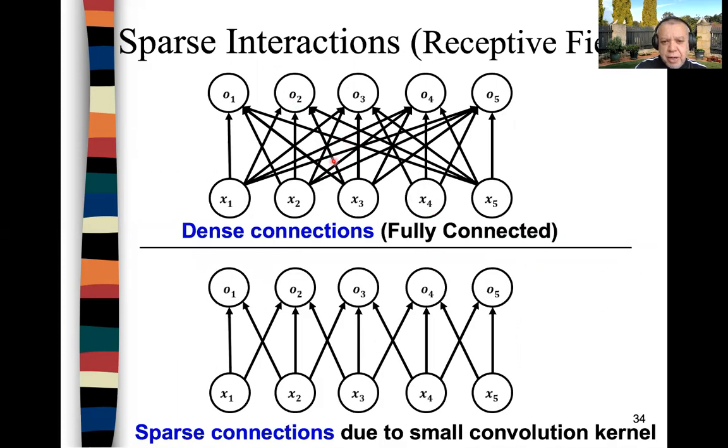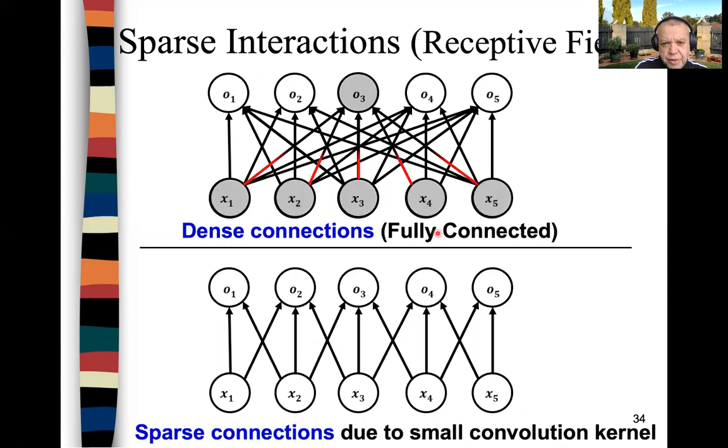So let's compare the fully connected network versus the convolution network. You can see here that for a fully connected network, you have dense connections: this output is connected to all the inputs, X1 to X5.